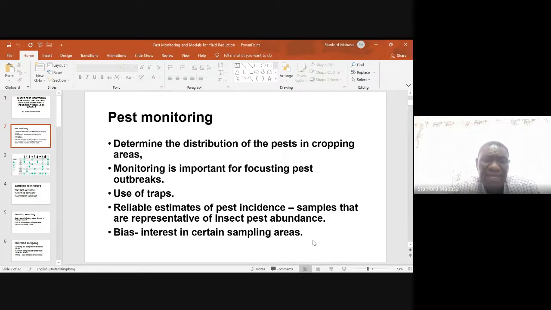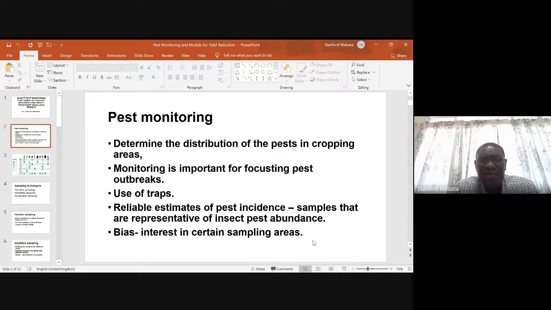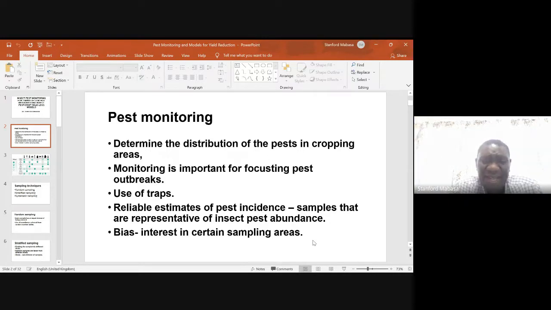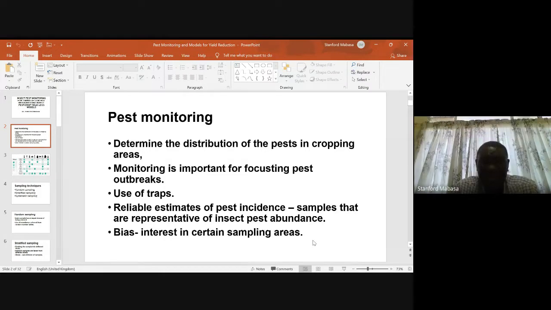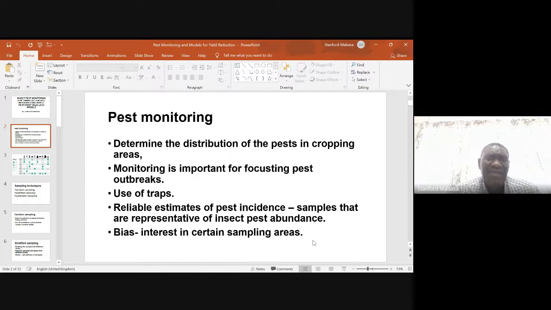So we have got reliable estimates of pest incidents when we sample an area. If we focus on certain areas of our interest, we may create a bias in sampling.